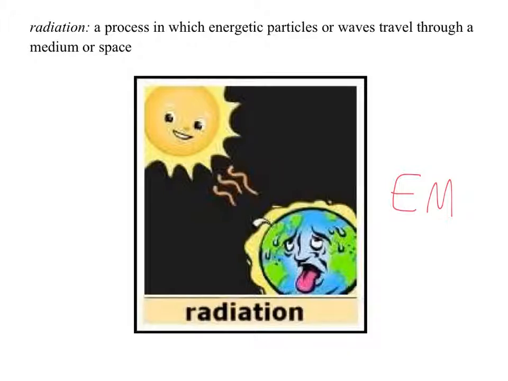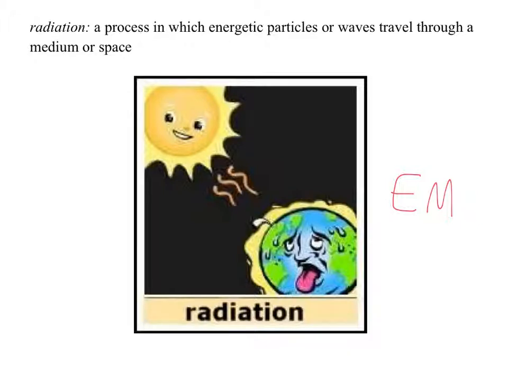Now, humans give off EM waves also. If you look at humans in an infrared camera, you can see their heat signature. You'll see red in the middle, and then orange and yellow, and then maybe green. Eventually it may be blue outside of them. But the concept here is that you give off radiation if you have any temperature at all. So everything is giving off some sort of heat signature.